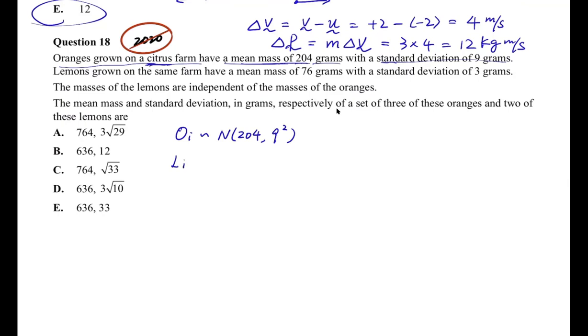Individual lemon mass L_i will be a normal distribution with mean 76 and 3 to the power of 2 as its variance. The masses of the lemons are independent of the masses of the oranges. We want the mean mass and the standard deviation in grams respectively of a set of 3 oranges and 2 lemons.